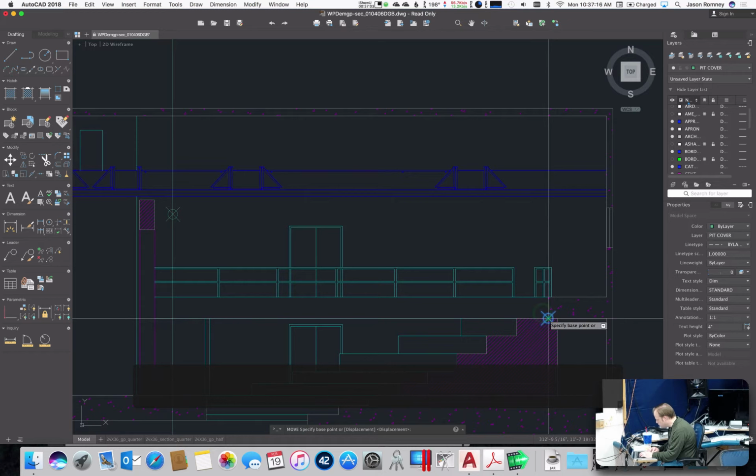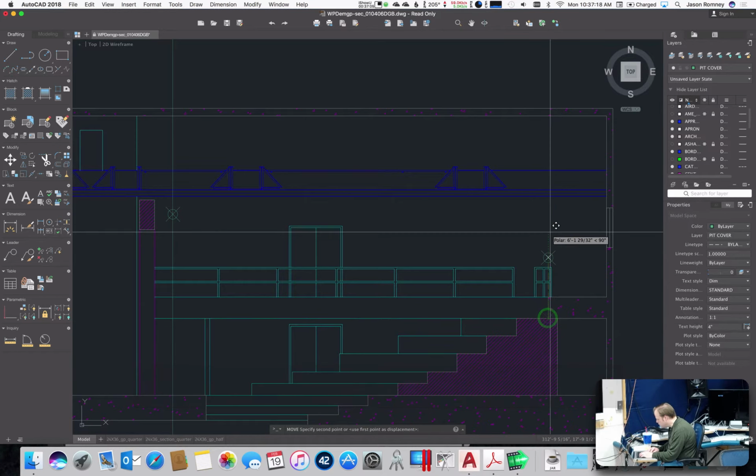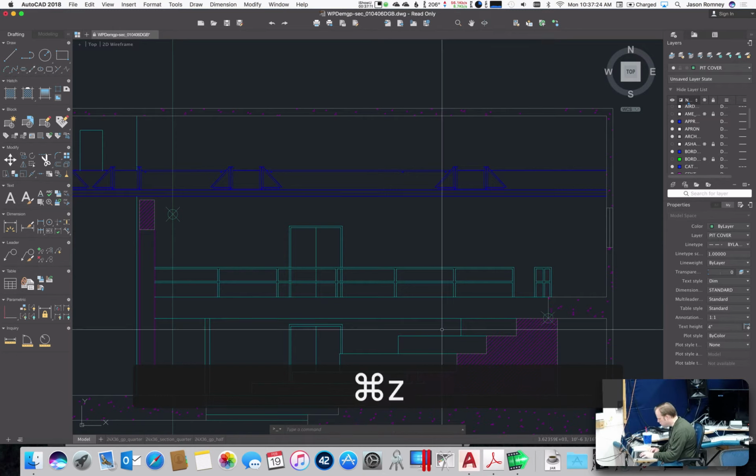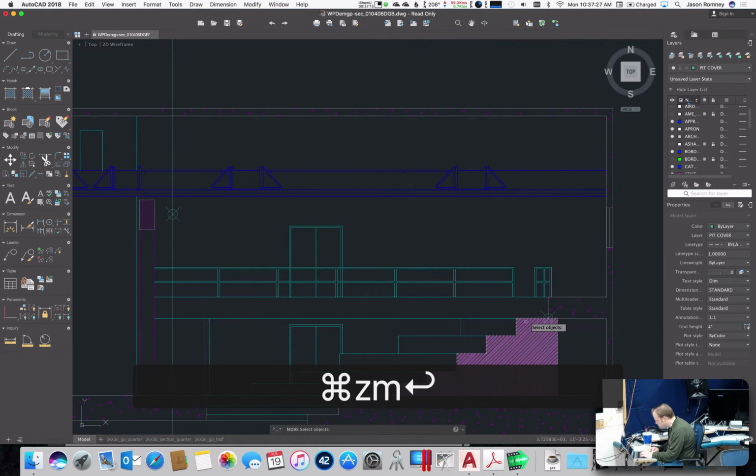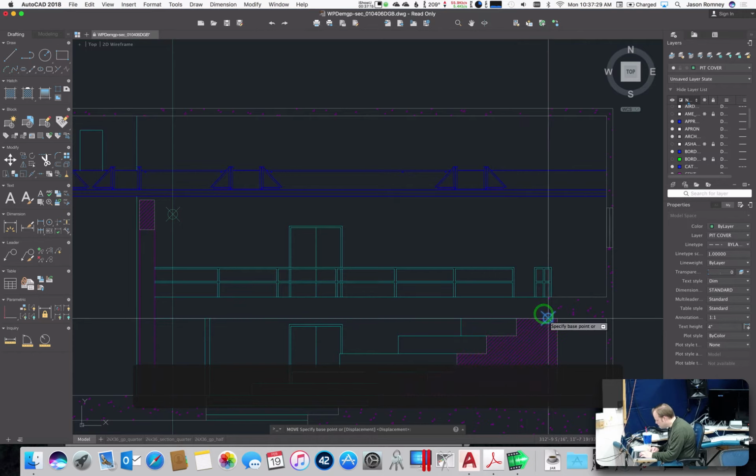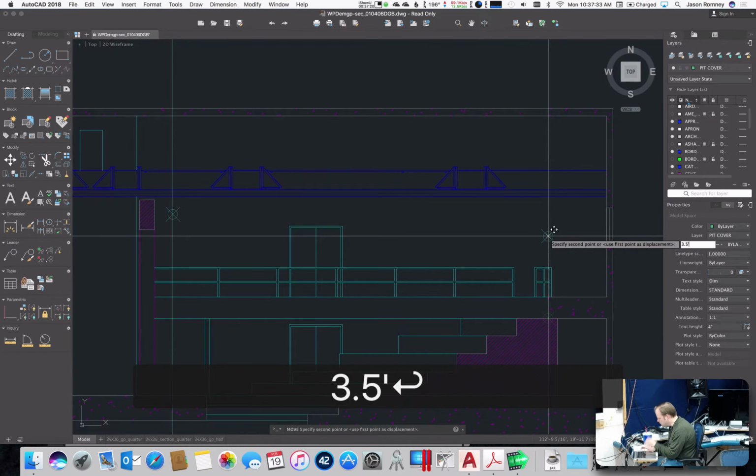And how high off the ground do I want that? 3.5 feet-ish? No, 3.5 feet, not inches. Keep forgetting to scale this thing. 3.5 feet. There you go.